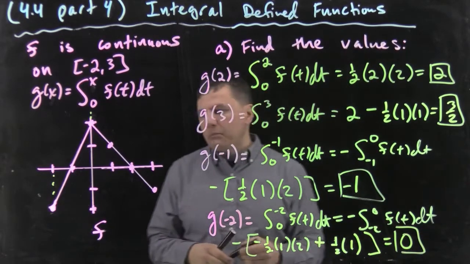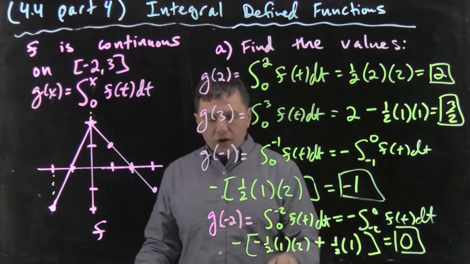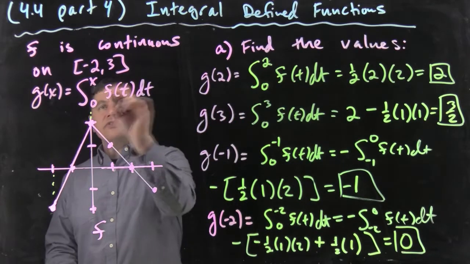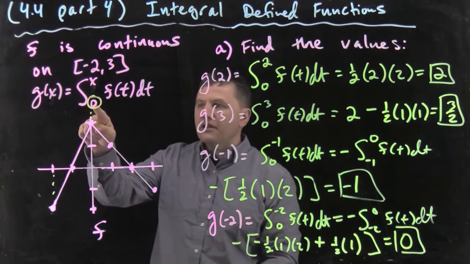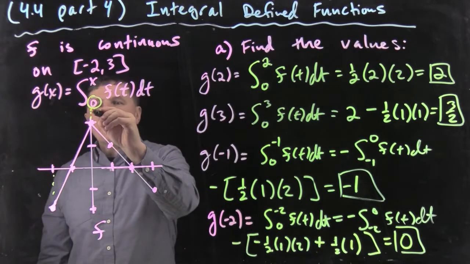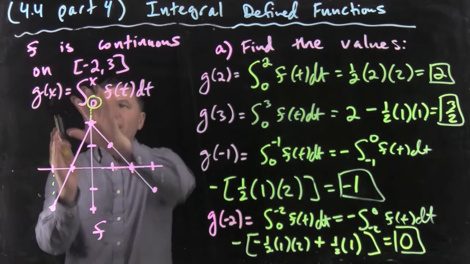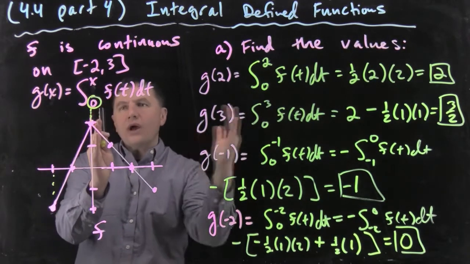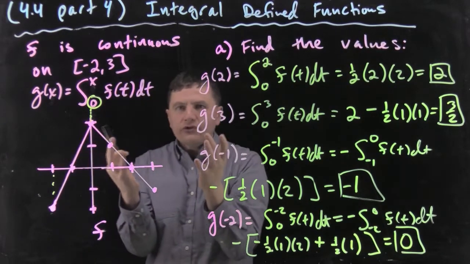But the thing we want to take note of here, and this is where it gets a little confusing, is that when you see these integral defined functions, and they're not always 0, you want to pay attention to what that bottom limit is. Whatever that bottom limit is, I would draw a vertical line. As we evaluate values of g to the right of that vertical line, we treat integrals like we normally do.